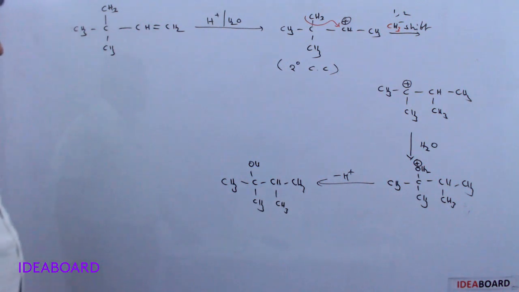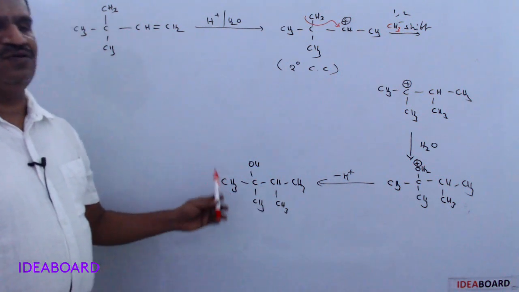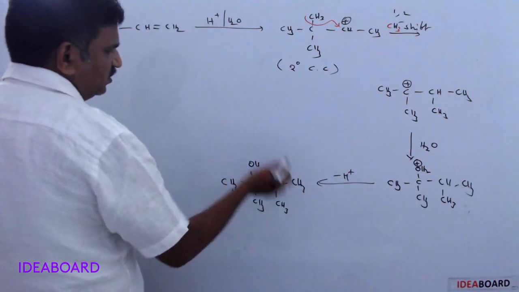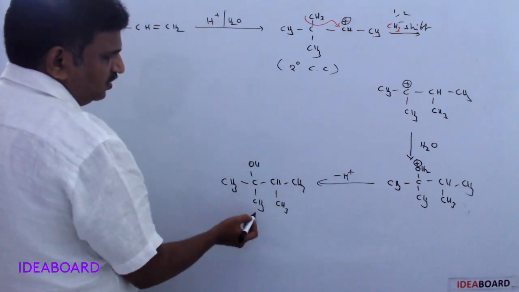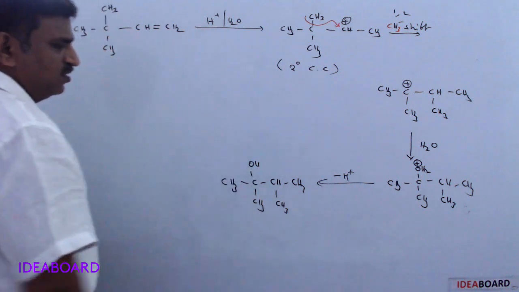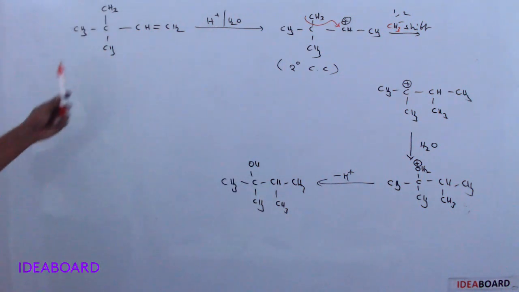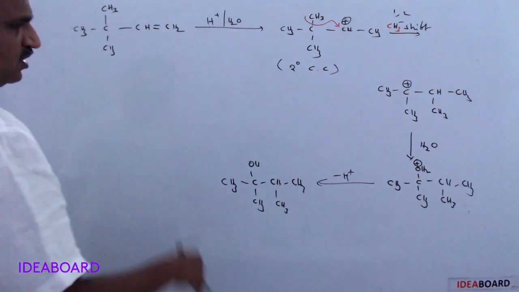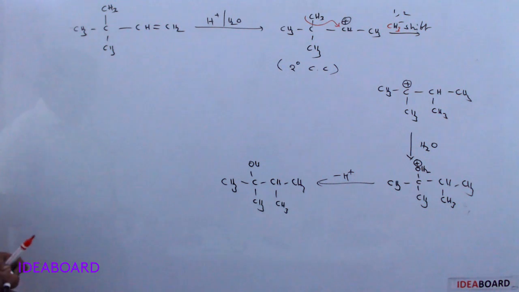So this is 2,3-dimethyl 2-butanol. This is 1, this is 2, this is 3, this is 4. 2,3-dimethyl 2-butanol, that is by the methyl shift. If these three groups are phenyl groups, then it is called a phenyl shift. Then we get the phenyl group shifting and the rearranged product.